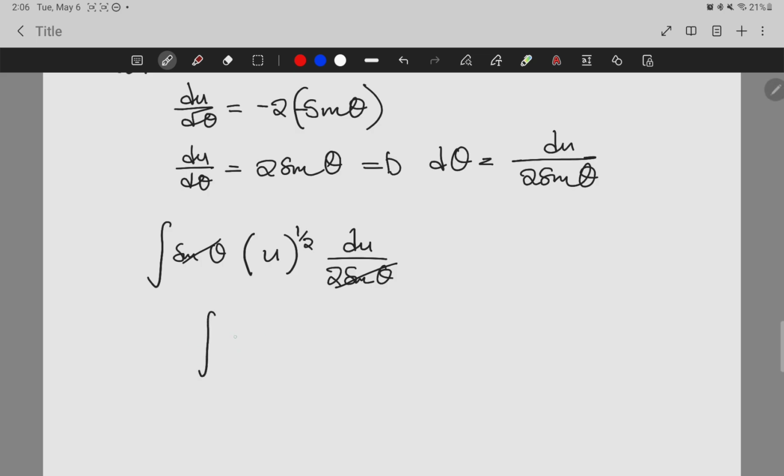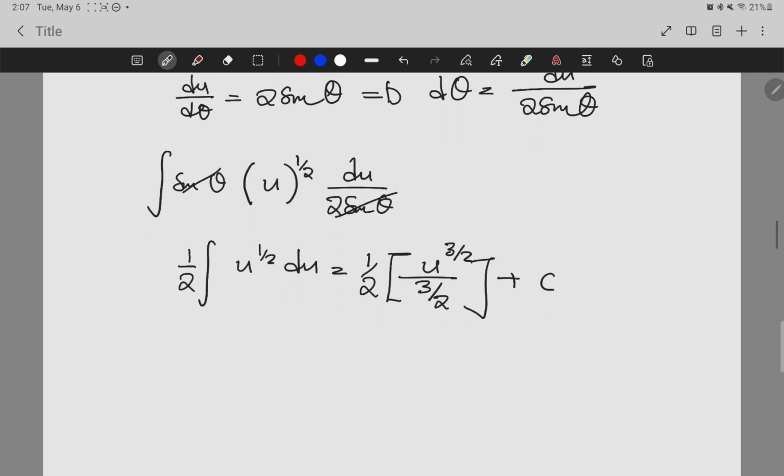So this is now just the integral of u to the power half du, but there's this 2 in the denominator, so we can bring it out, being a constant. It won't be affected by the integral. When we integrate this, we'll have 1 over 2, u to the half plus 1, which becomes 3 over 2, over 3 over 2, and plus that constant of integration.